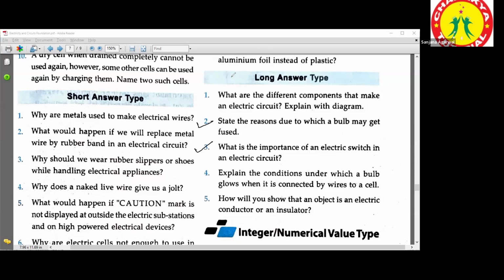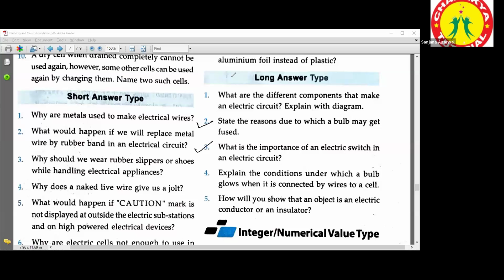Importance of switch in an electric circuit. Okay, great answer.